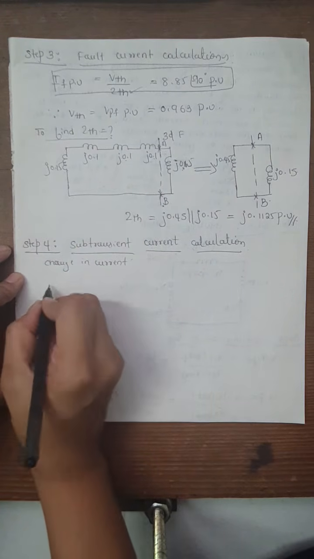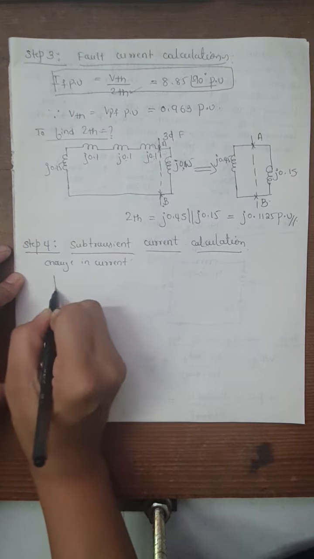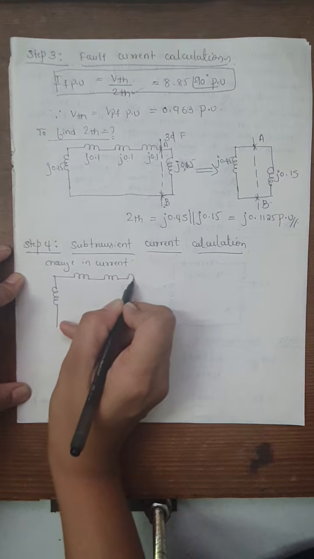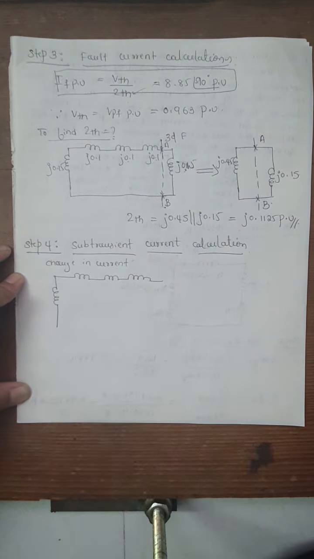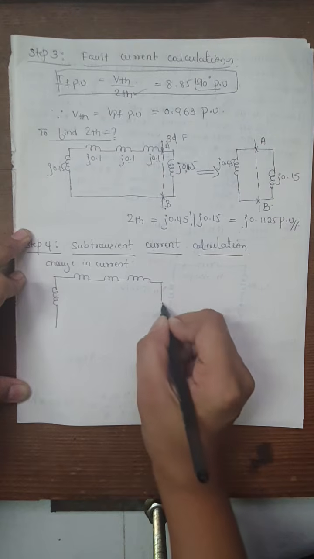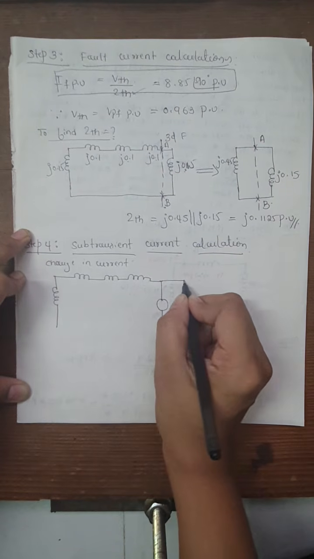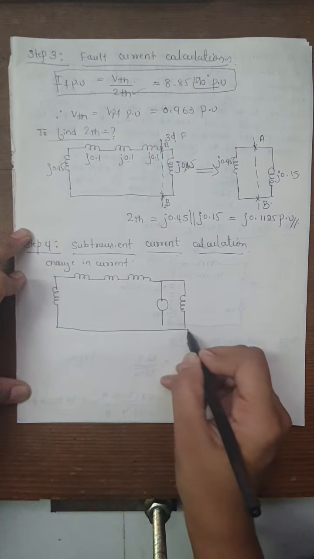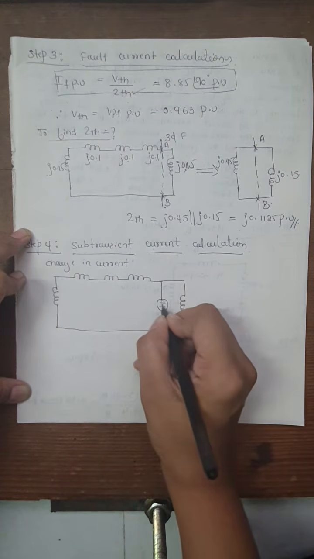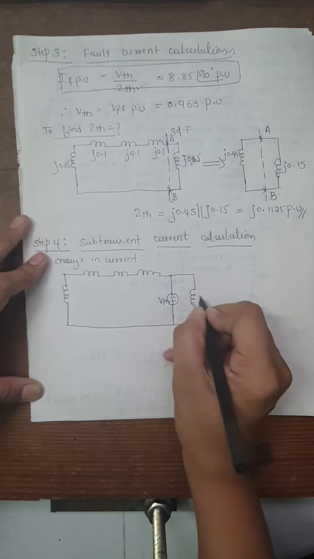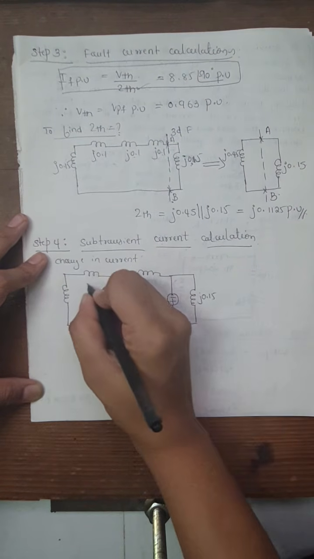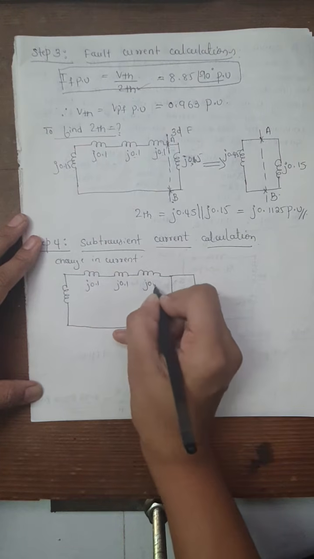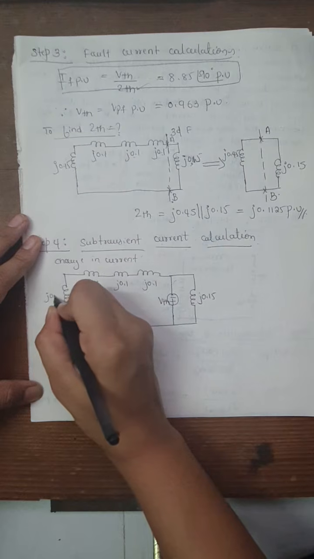So now observe, so I am writing the same reactance diagram. So here we have to connect the source voltage with the reverse polarity, and here the motor reactance will be there. So this is a reverse polarity VTH. So this is J0.15, J0.1, J0.1, and this is also having same value. This is J0.15.